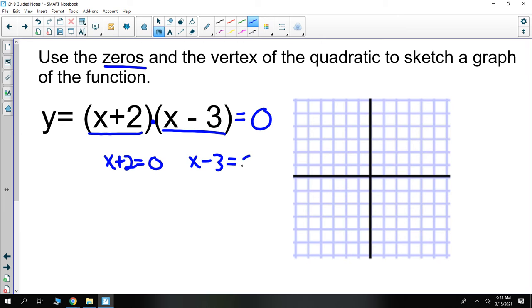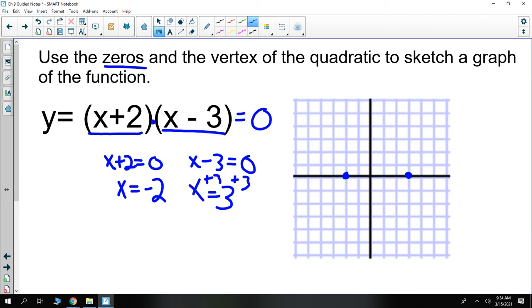That's what we did yesterday. So when x is -2, this would become 0. If we add 3 here, when x is equal to 3, that's when it would become 0. So the zeros of this function are -2 and +3. So -2 is located right here, +3 is located right here.